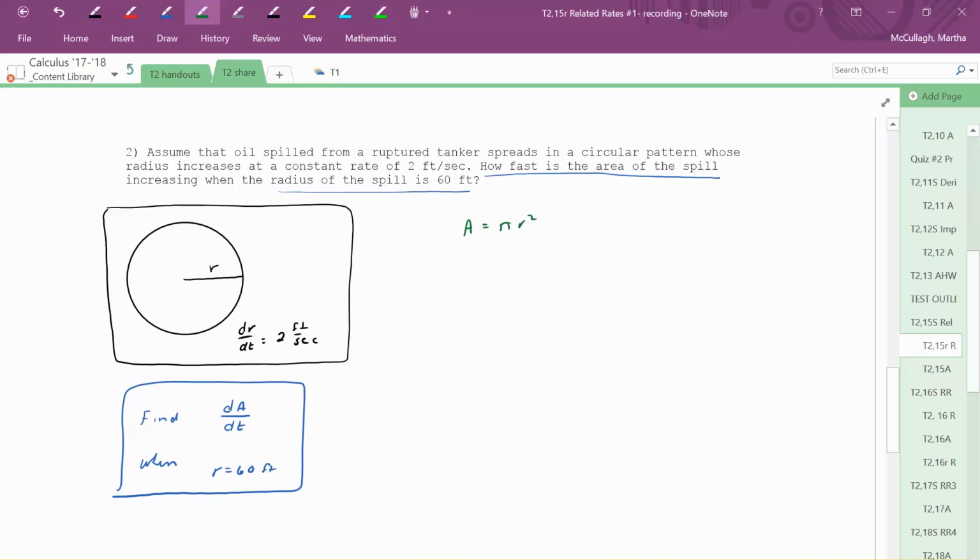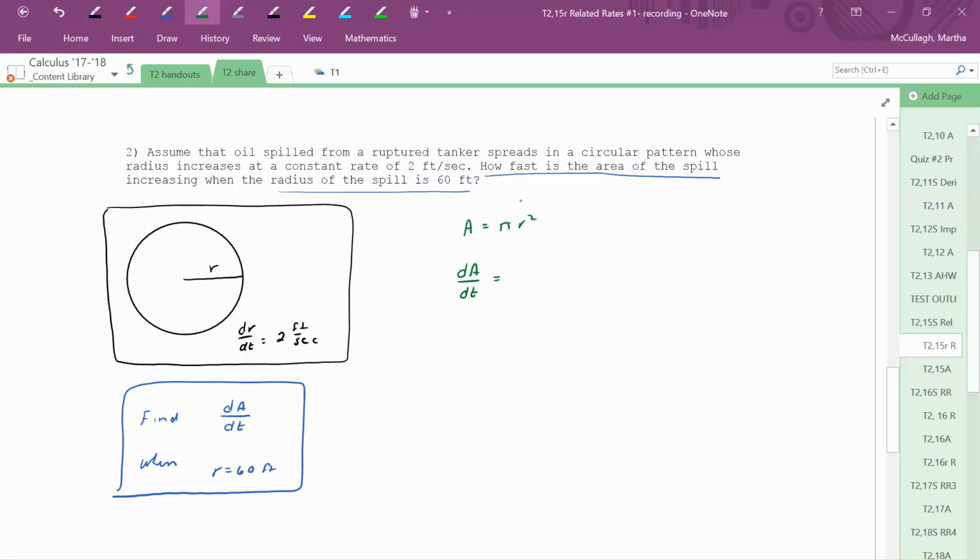Nice equation, because it's going to give us the A value we need. It's got an r value. If I take the derivative, because I want to get to dA dt, I want to know how the area is changing. So I'm looking at the derivative, how A is changing with respect to change in time.